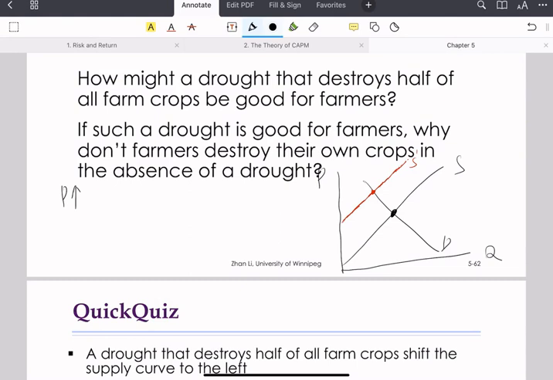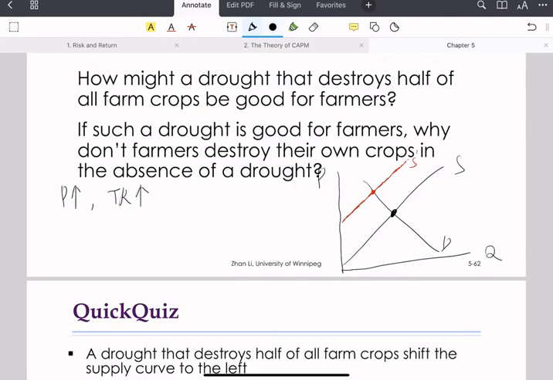And if the demand curve for farmers' products is inelastic, then this basically implies that as price increases, total revenue increases, right? So that's why from the perspective of a farmer, a drought is a good thing, because higher price implies higher total revenue.